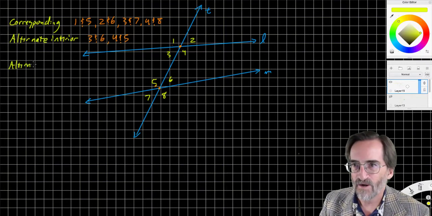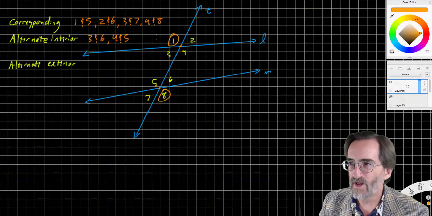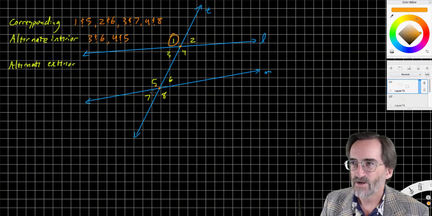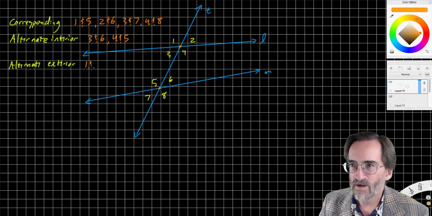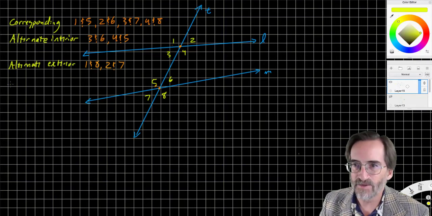We also have alternate exterior angles. Alternate exterior angles are on opposite sides of the transversal line. So 1 and 8 are alternate, and they're exterior because they're outside the two lines that are crossed. So 1 and 8, or 2 and 7, alternate exterior angles. And then we have same side angles.